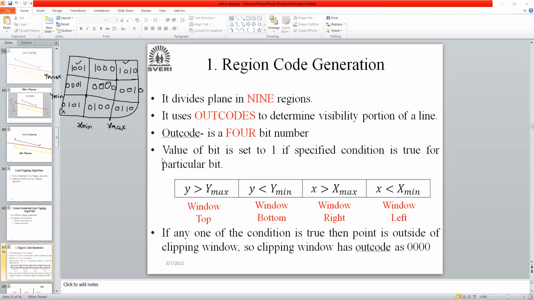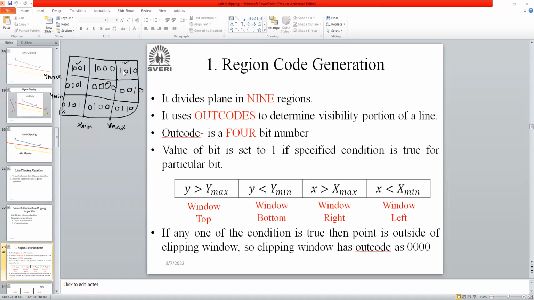Yes, we have already seen that. Then the value of bit is set to 1 if specified condition is true for the particular bit. So if the window top is there, so window top means this bit is set, that is your first bit. So y is greater than y max. So this is your y max line and your y is greater, and that's why it is set to 1.